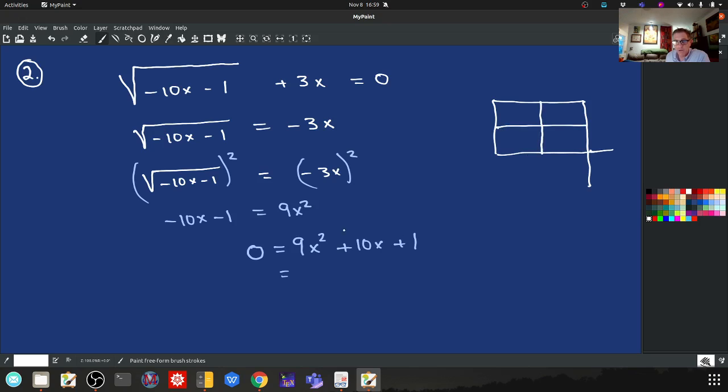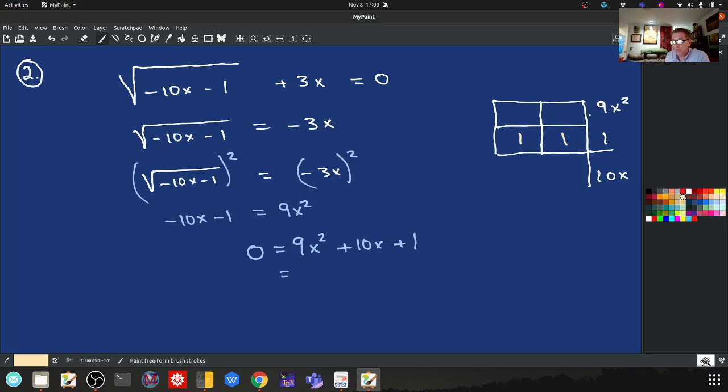If you want, you could check to see if this is a perfect square trinomial. It isn't. But notice, since our constant term is 1, the only things that multiply to it is 1 times 1 or minus 1 times minus 1. And we don't want to use minus 1 times minus 1 because 10x is positive.